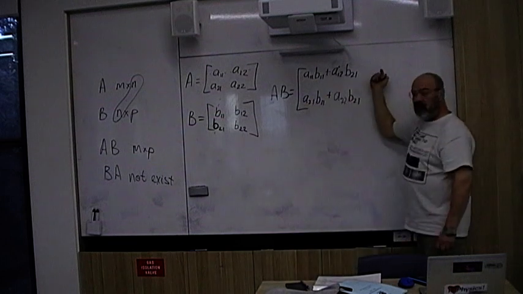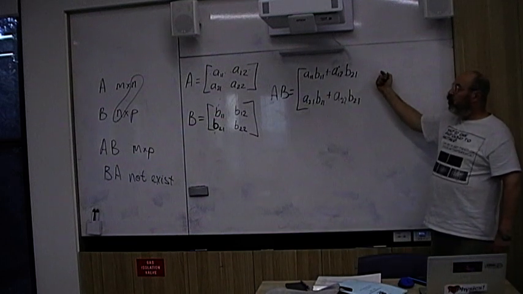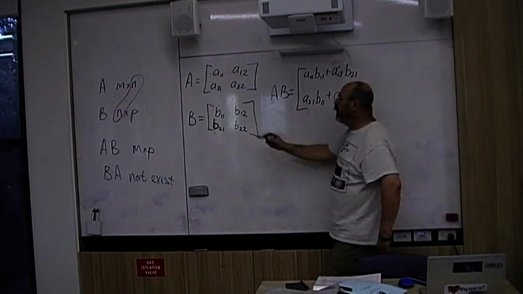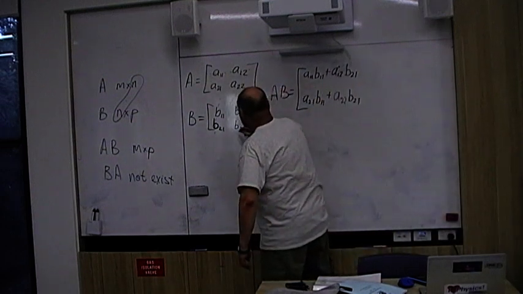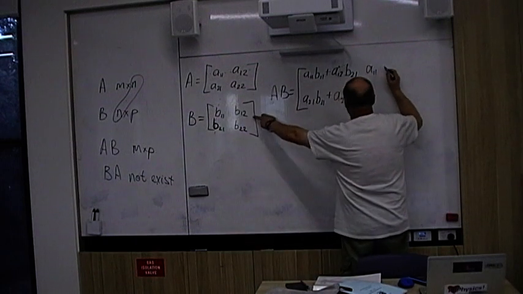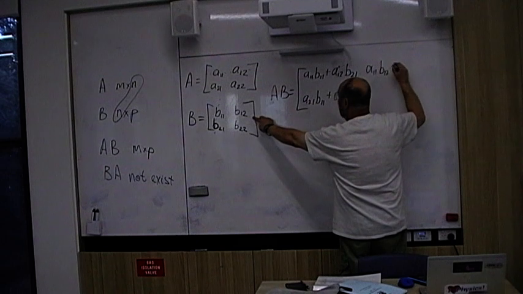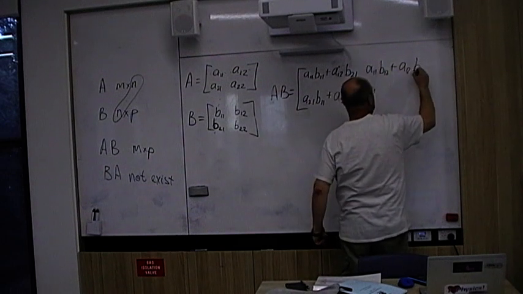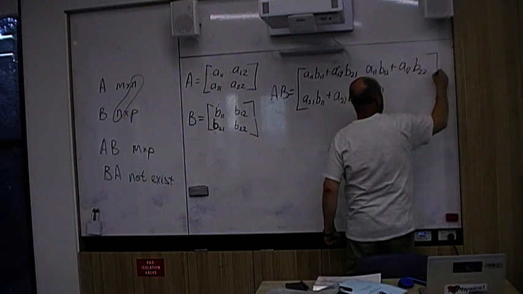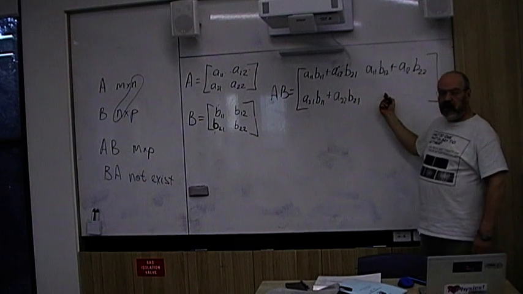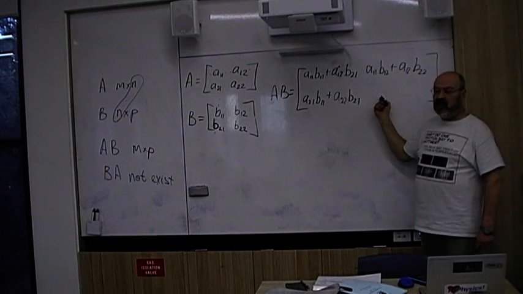This is first row, second column. So we multiply first row by second column. We have A11 times B12 plus A12 times B22. And this will be second row multiplied by the second column.